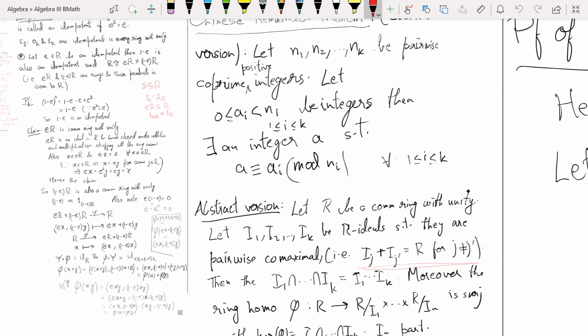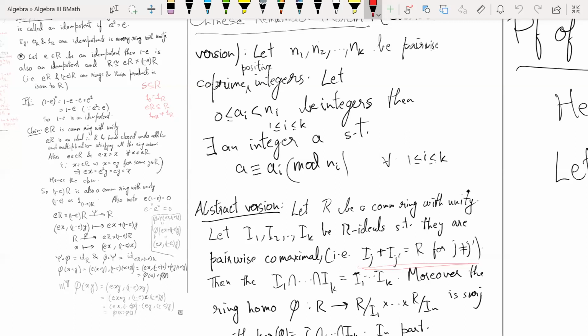In fact, that is how the proof will go. We'll show that the product of I1 to Ik minus 1 and Ik are co-maximal, so we'll use induction to prove this. So we get that the intersection is the same as the product. This is just in the abstract version.